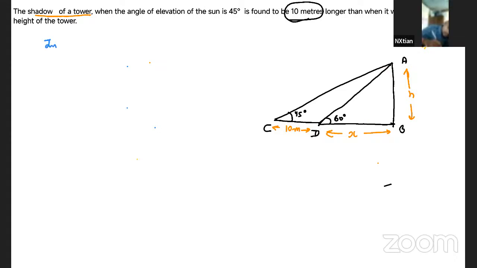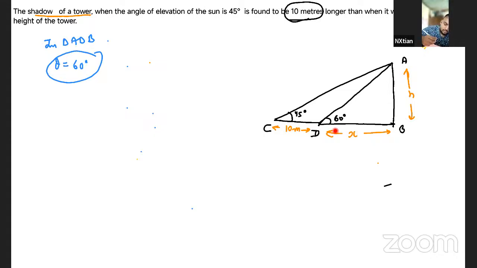In triangle ADB, what is the angle? Theta in triangle ABD is 60 degrees. Now I will not use the hypotenuse because there is no use of that. I'm only using perpendicular and base because this is what I need.